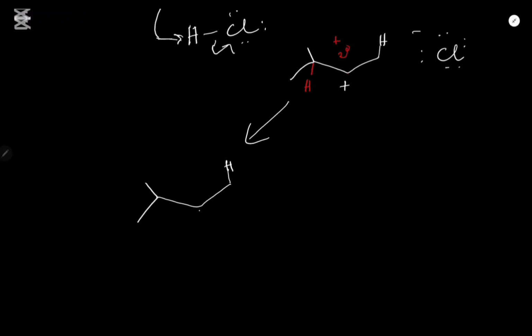So here your hydrogen is the same one, which is this one, and the charge is in here. Now the charge on the secondary and the charge on the tertiary. This one is more stable.